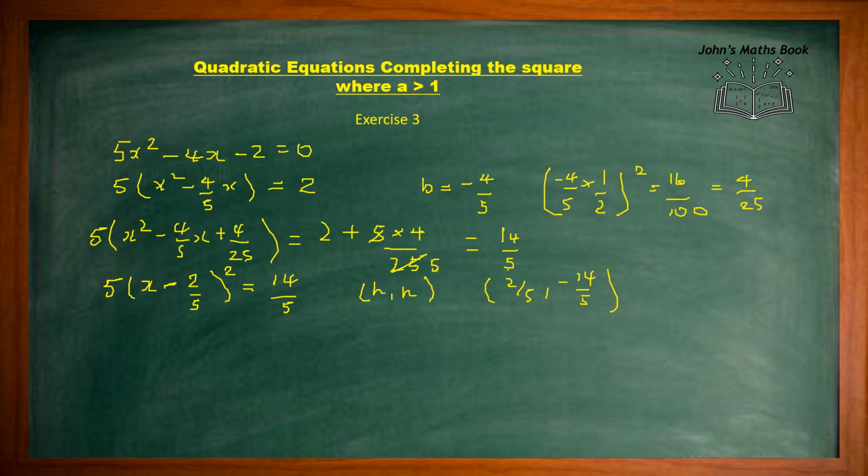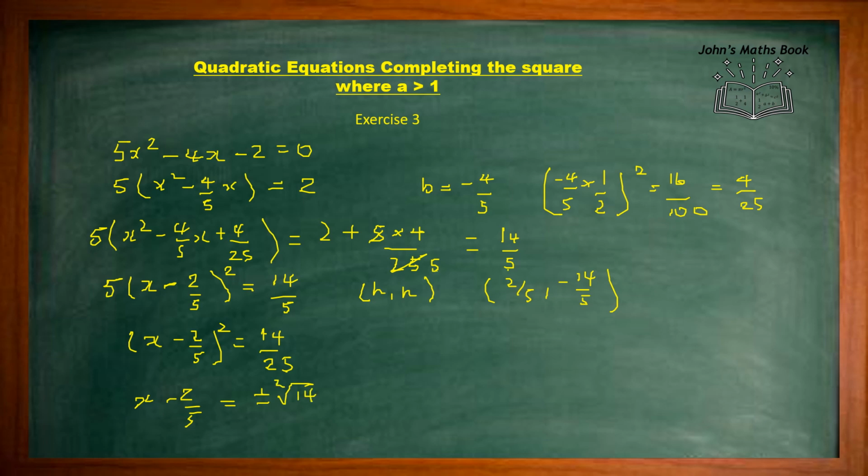So divide both sides by 5 gives x minus 2/5 squared is equal to 14 divided by 25. So square root both sides. So x minus 2/5 is equal to plus or minus square root of 14.